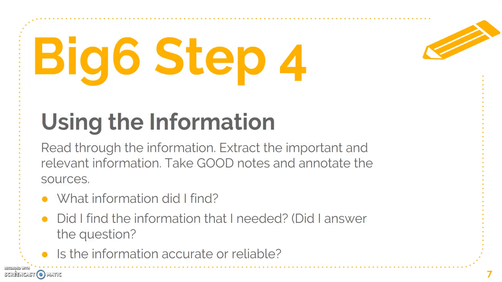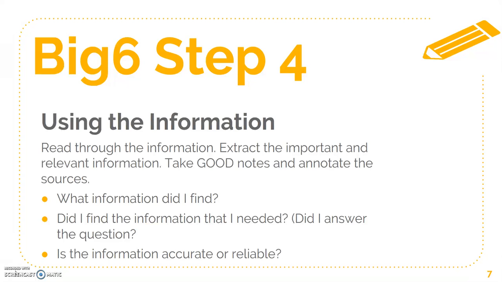Now, Big Six step 4, now I'm using the information. So I'm reading through the information that I obtained, and I'm looking for the information that I need. Did I find the information that I needed? Did I answer the question that the teacher asked me? Now, how do I know if it's accurate or reliable?